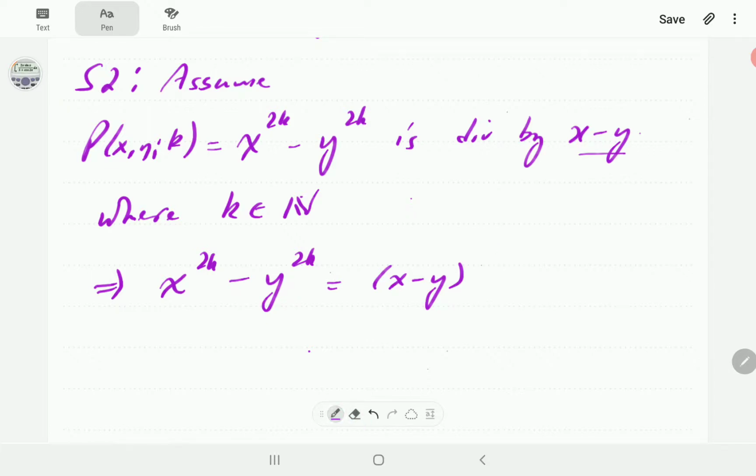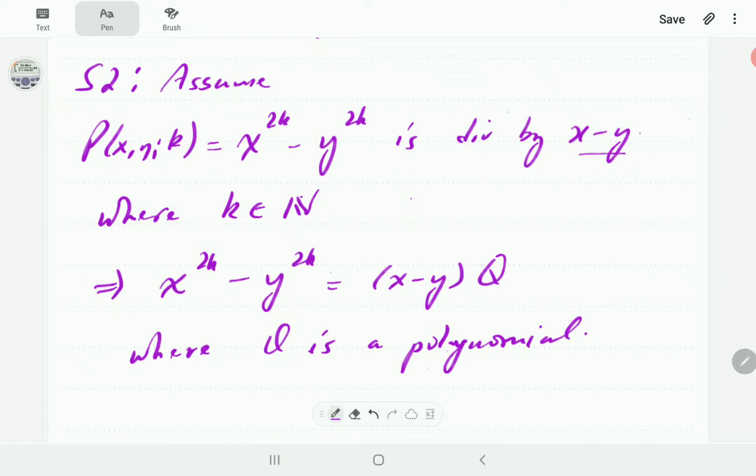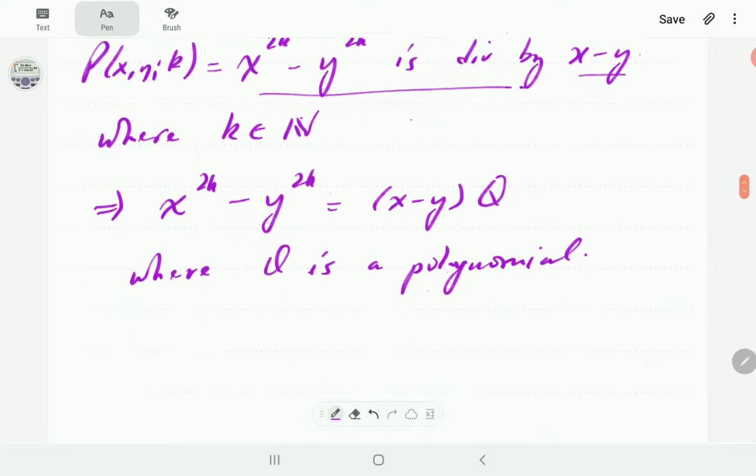Actually, q works very well because it also stands for quotient. Our quotient needs to be a polynomial, where q is a polynomial. Okay, so that is the implication of this assumption there.